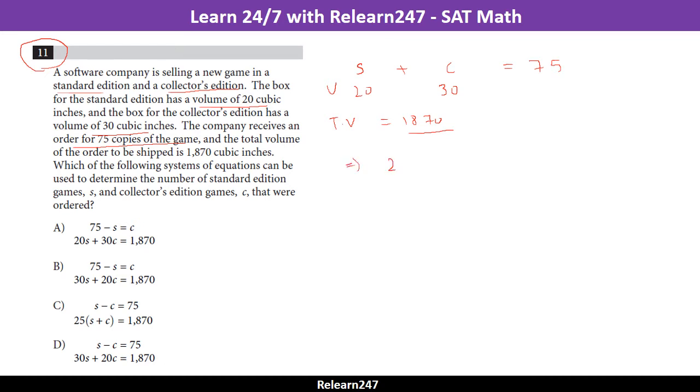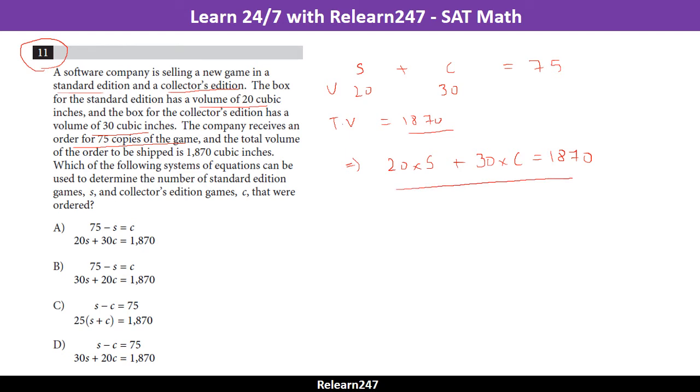We'll have 20 into S, because 20 is the volume of one standard edition, plus we know the volume of one collector's edition is 30, so 30 into C. And the question says the volume is supposed to be 1870. So this is the second equation.